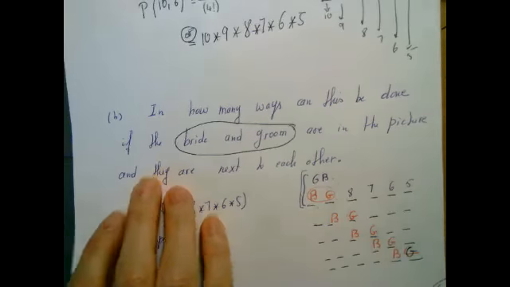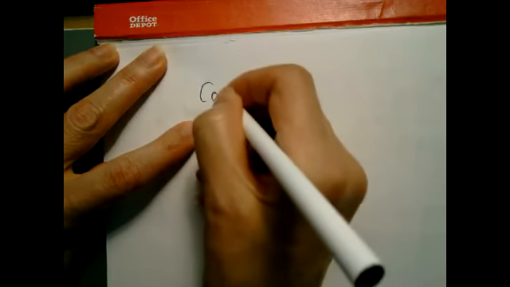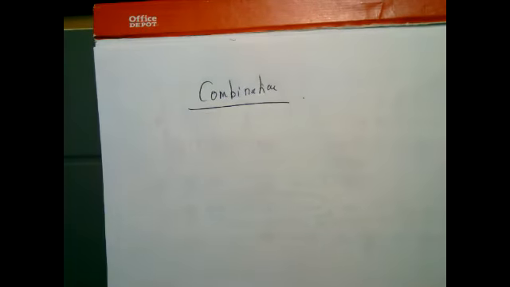Okay. So let's talk a little bit about combination. And as I said, next time we will do a lot of problems about it. But let's start to see what's going to be the difference between what we did and what we're going to do. So combination. What we did is permutation. It means ordered list. Now we're going to start combination.